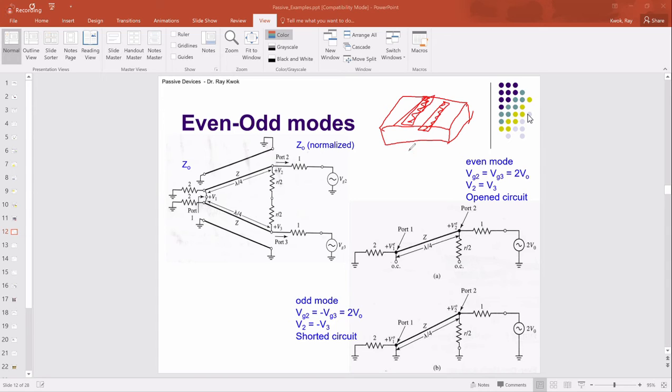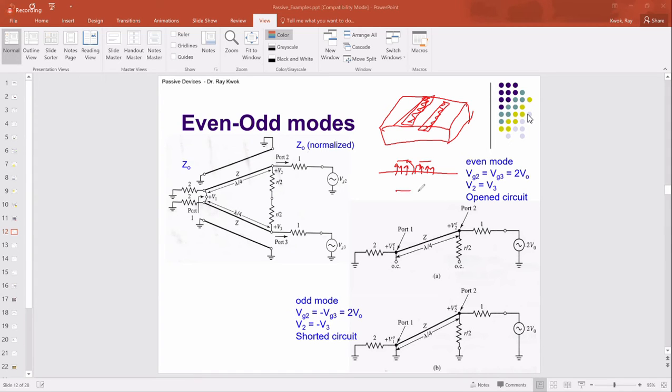So looking at just the metal part, this is what I'm looking at. If they are even, that means the electric fields are both in phase. So how do they couple to each other? This is called the even mode.